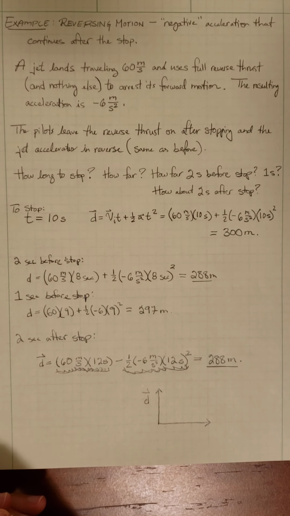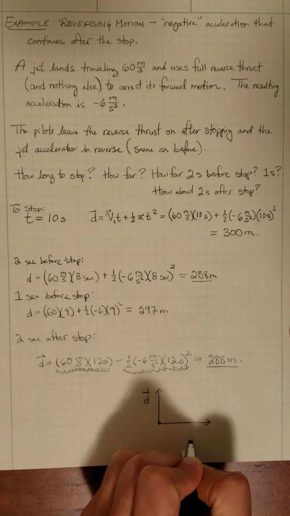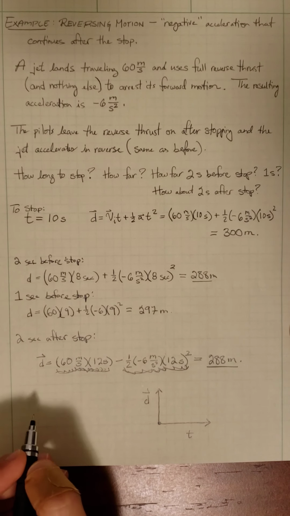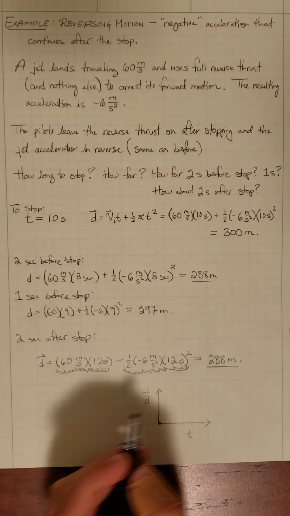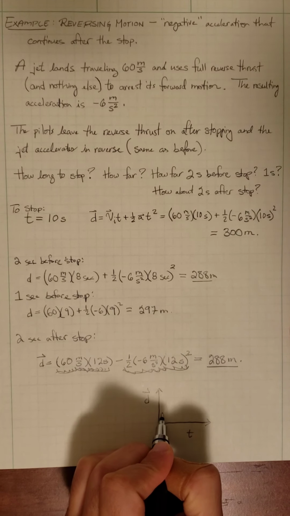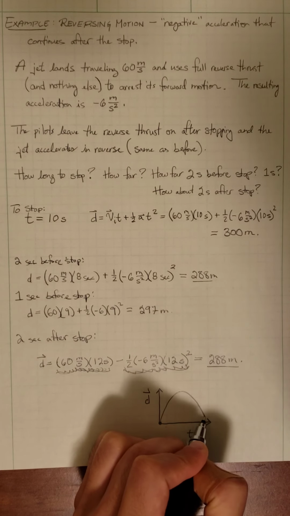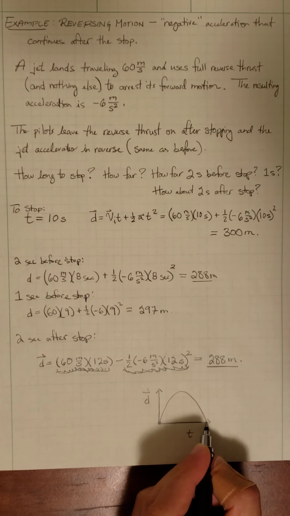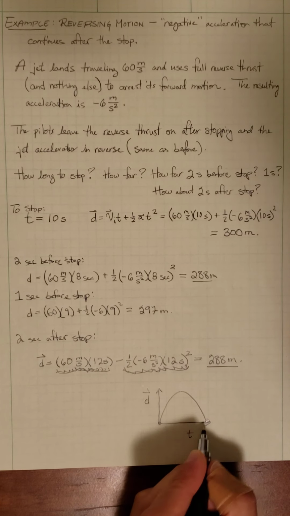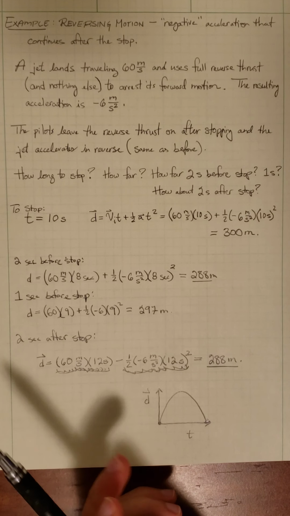So here we start here. This is time. And the plot would look like this. It's a parabola. It comes from the t-squared term. We get this parabolic shape we saw a week or two ago. Now, we reach a stop.